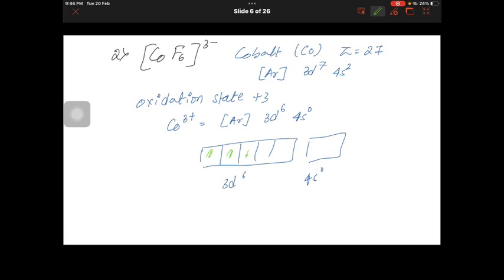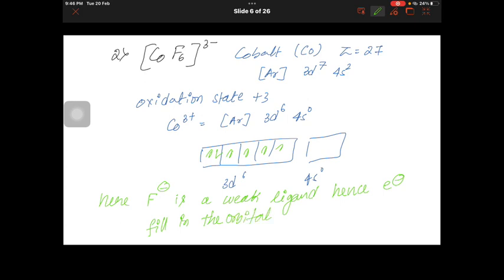Six electrons: 1, 2, 3, 4, 5, 6. Here F minus is the ligand. It is a weak ligand. Hence, electrons fill in the orbitals according to Hund's rule.